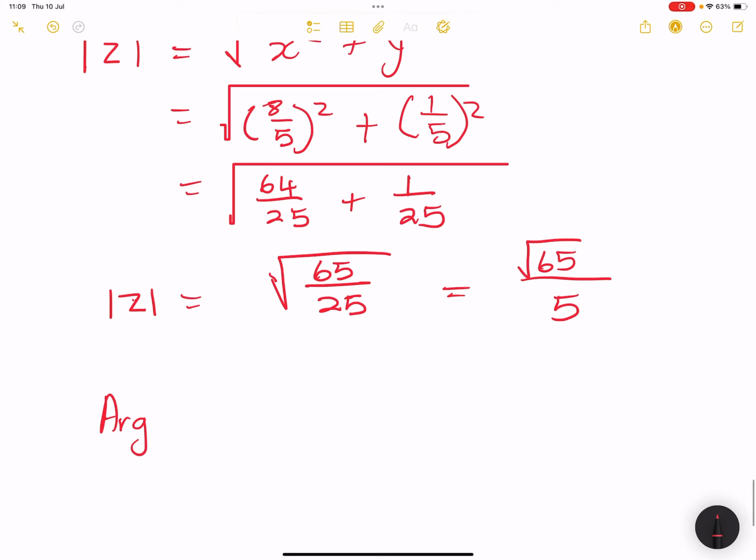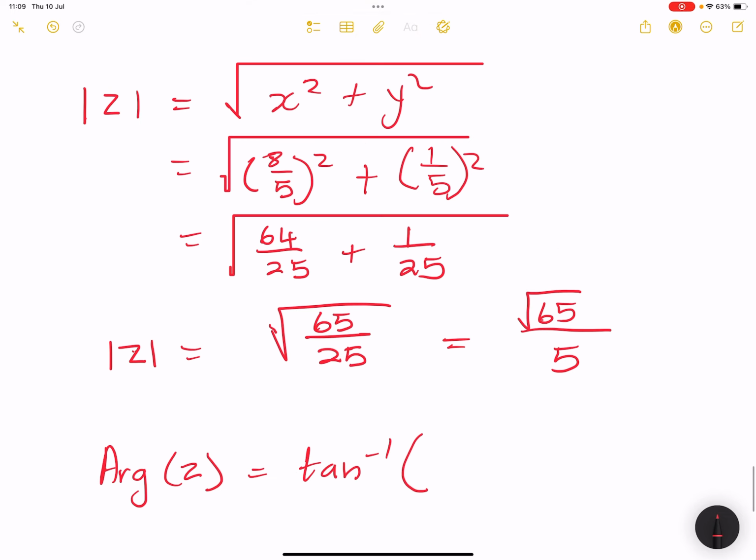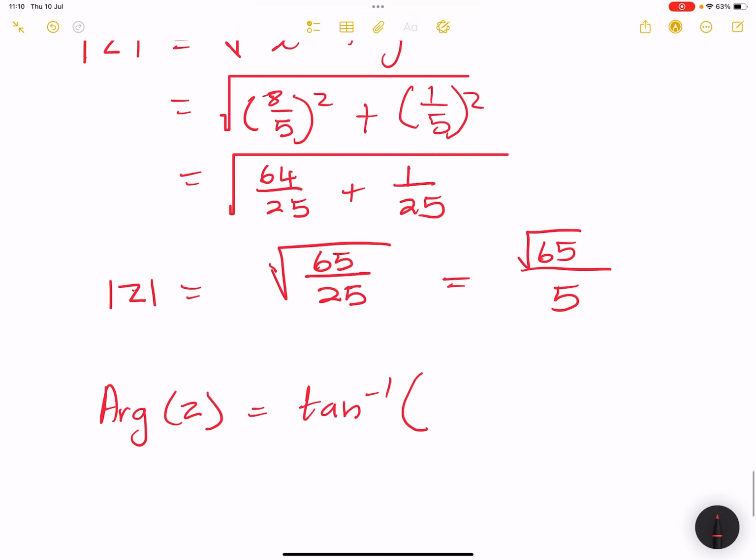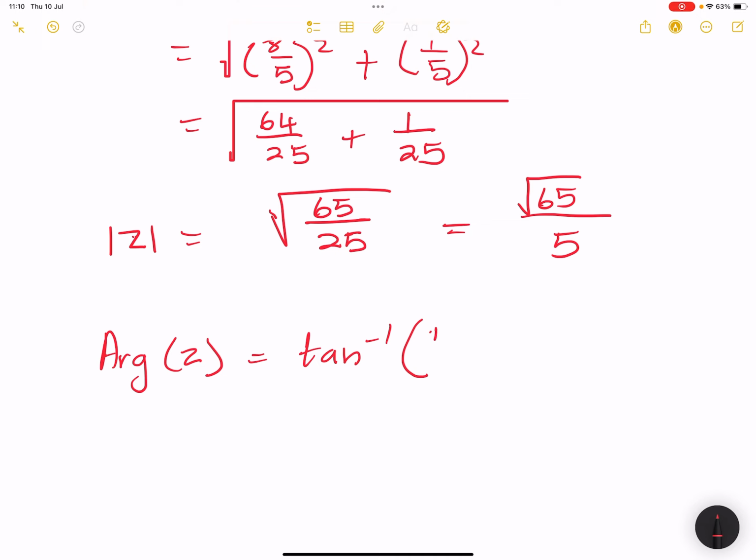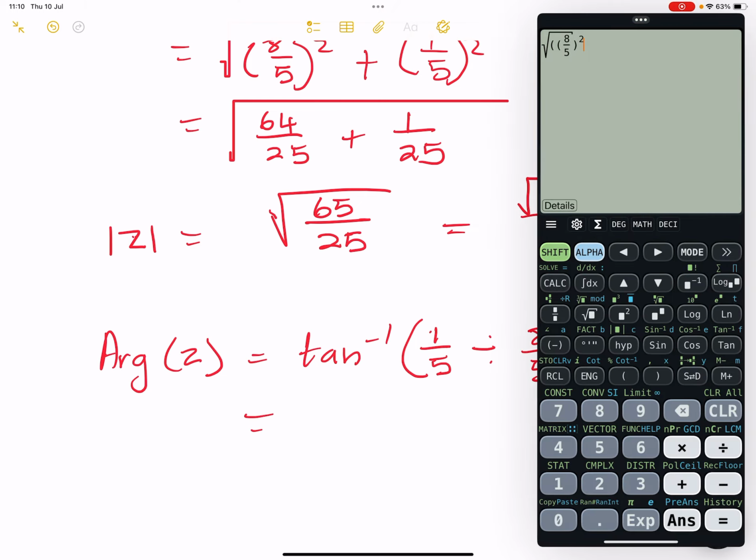So for the argument, what are we going to have, right? That's the arctan of y over x. That's 1 over 5 divided by 8 over 5. So we can take that.